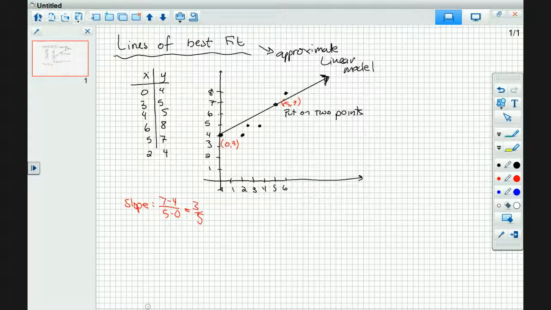Let's see. So now, what's my equation? What is an equation?